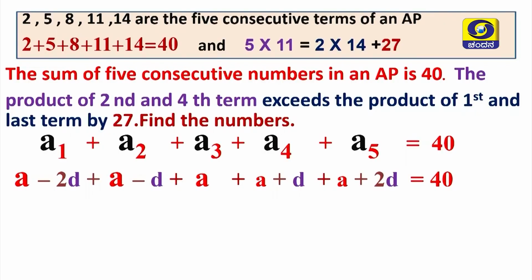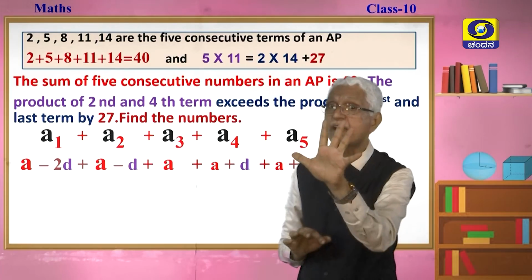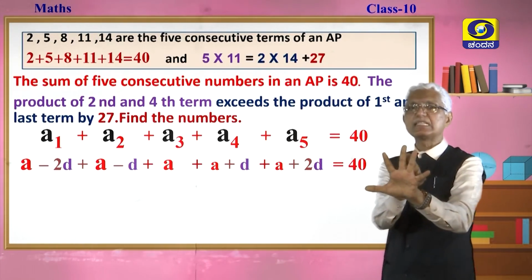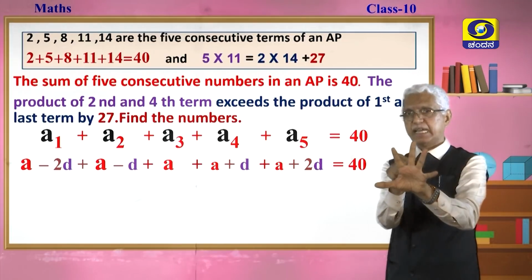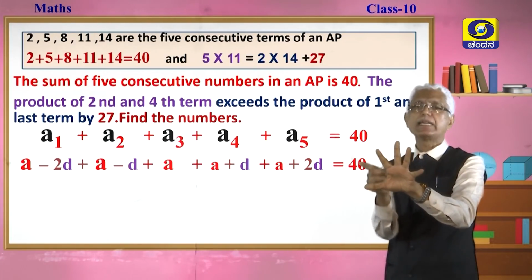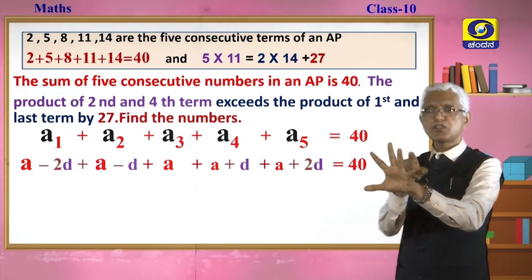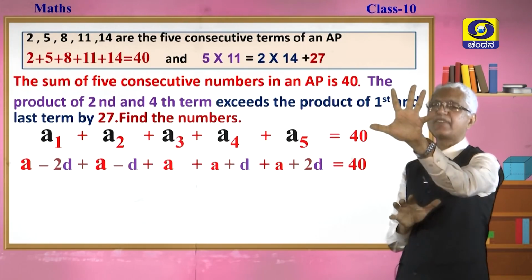One of the problems we did earlier was 3 terms in AP. How did we take? a minus d, a, a plus d. Now I am having 5 terms. It will be convenient to take like this. Take a, a plus d, a plus 2d, a minus d, a minus 2d. Are you seeing the advantage? There are 5 terms.